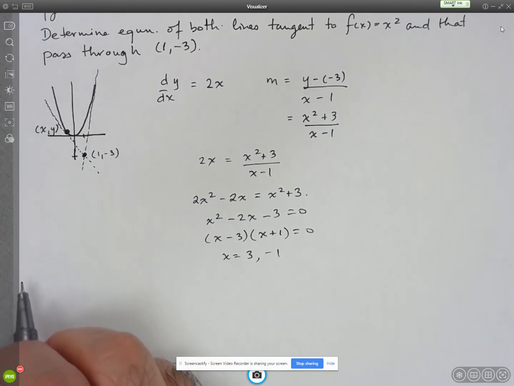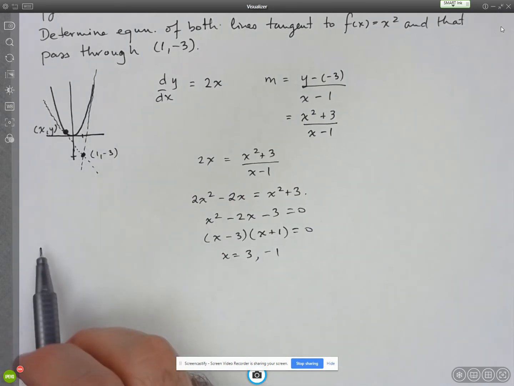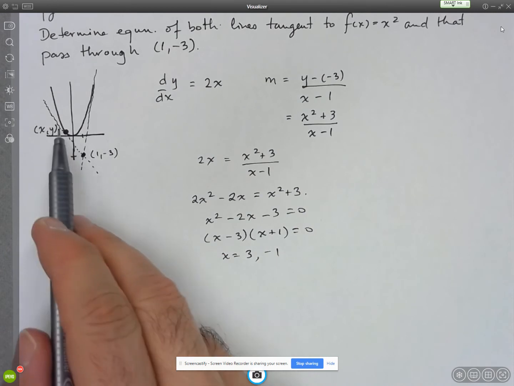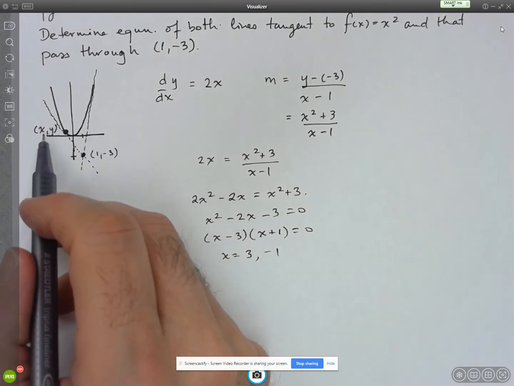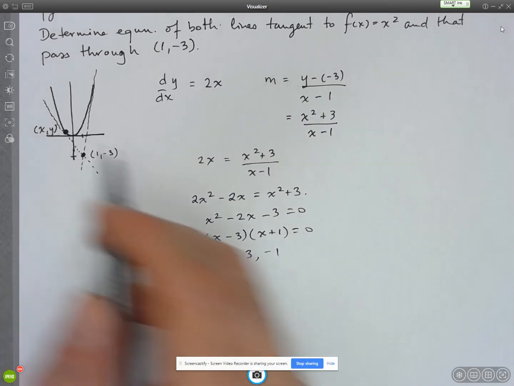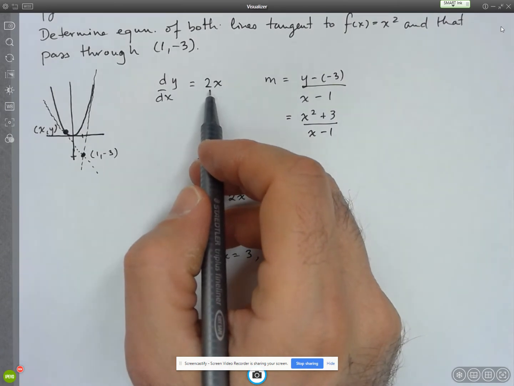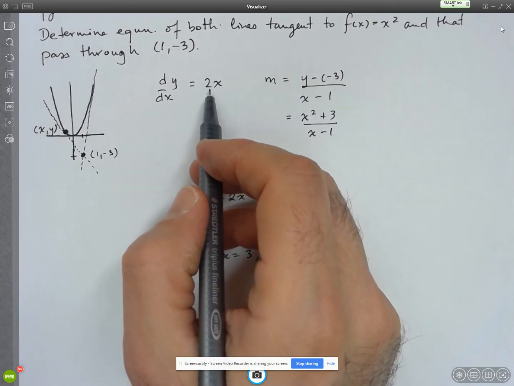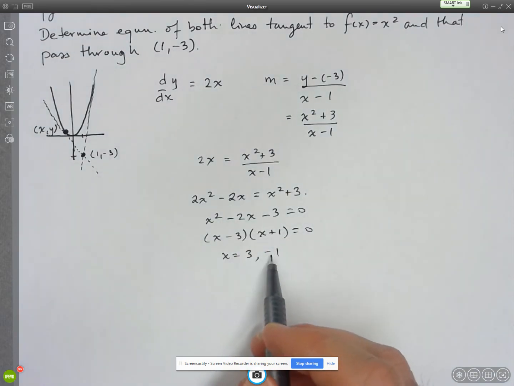Well, I don't have the equation of the tangent line yet, but I do know that the tangent line and the curve share this point. So if x is equal to 3, I can calculate the y value and I get a point on the line. And I can also use that x value to calculate the derivative at that point, or the slope of the tangent at that point. And then I can do the same thing for x equals -1.